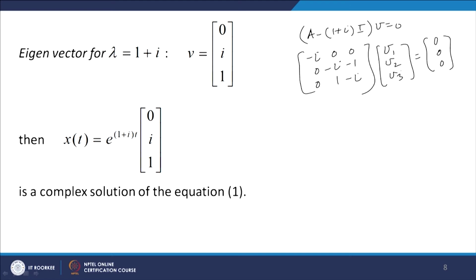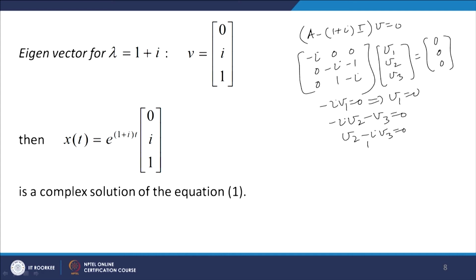Now, here you can see we have minus i b1 equal to 0, this is the first equation. So, we get b1 equal to 0, then we get minus i b2 minus b3 equal to 0, this is the second equation, and the third equation is b2 minus i b3 equal to 0.